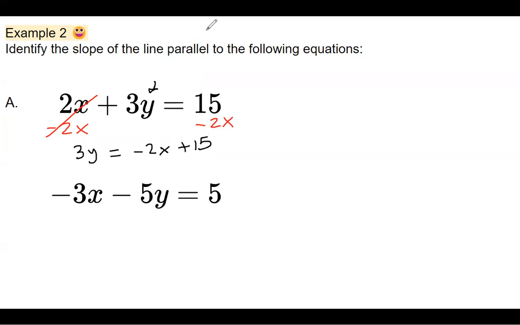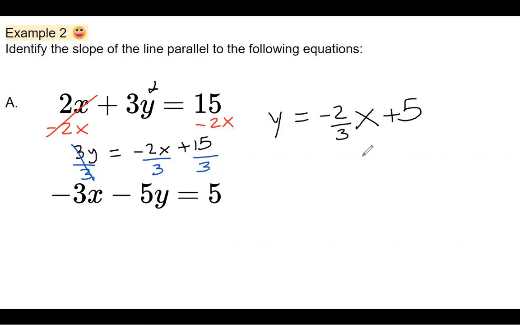Now what's happening to my y? It's being multiplied by 3, so I'm going to divide every single term by 3. So we're left with y equals negative 2 over 3 x, do not forget the x, plus 15 divided by 3 is 5. All right.